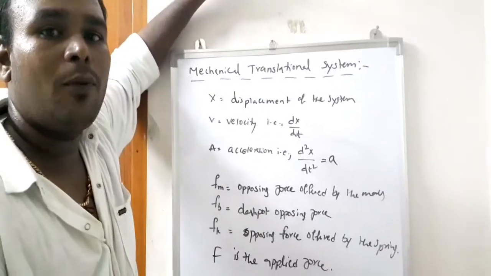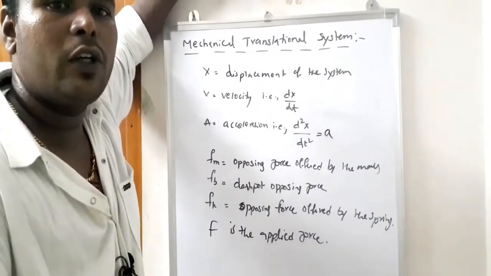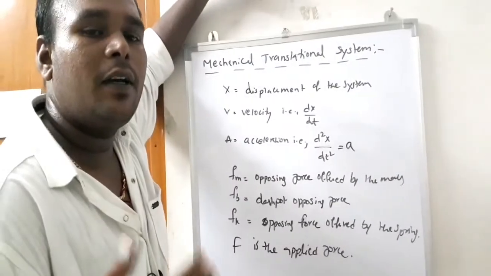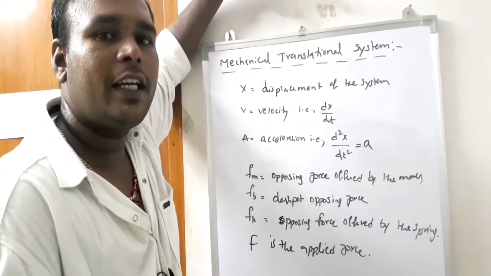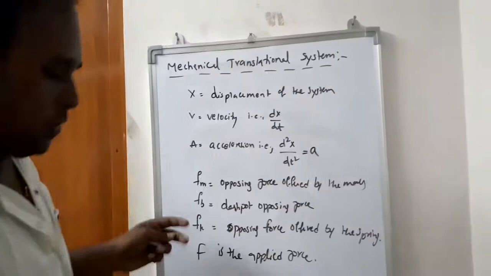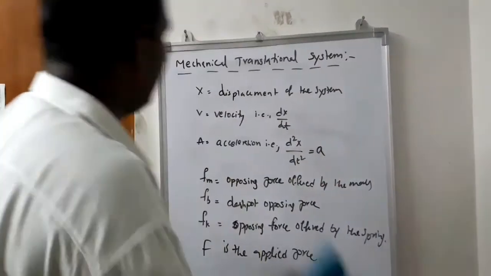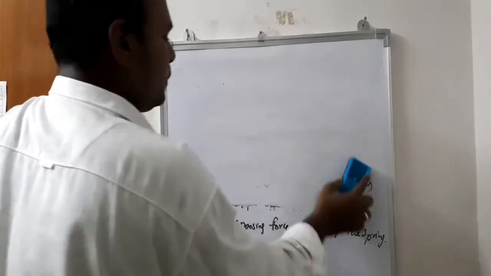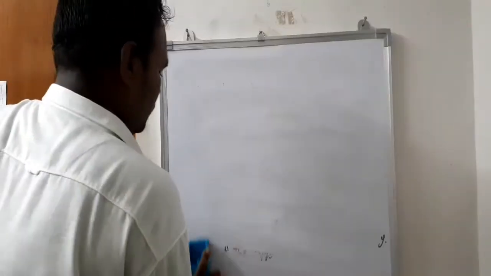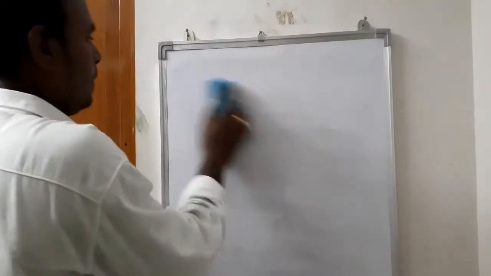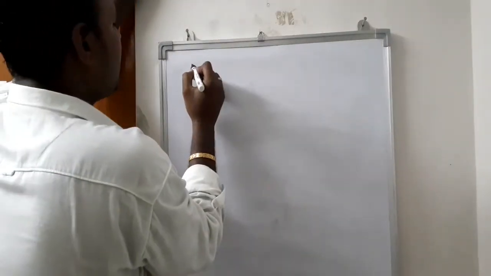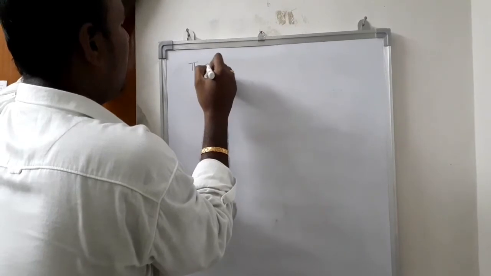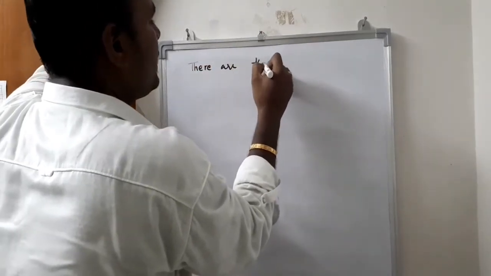Now we are going to know about the force and how we are going to solve the differential equations for the mechanical translational system. So here in the mechanical translational system there are three basic elements.